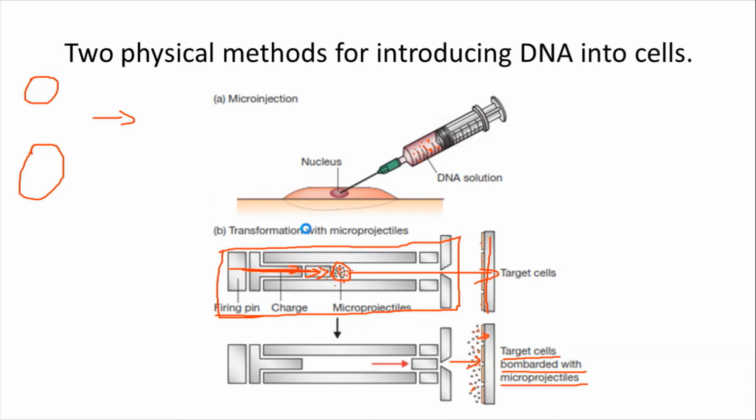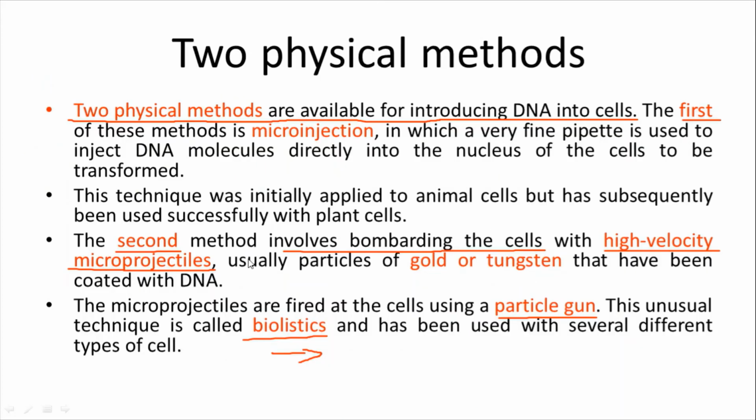The microprojectile means the DNA is attached to a gold particle or tungsten particle. Using alkaline phosphatase we can remove the phosphate group from the end and easily add it to gold nanoparticles.